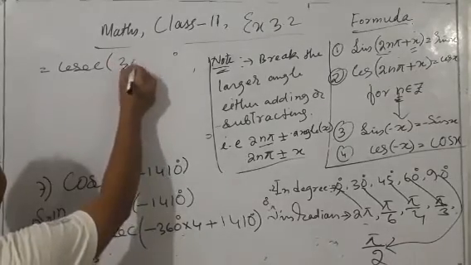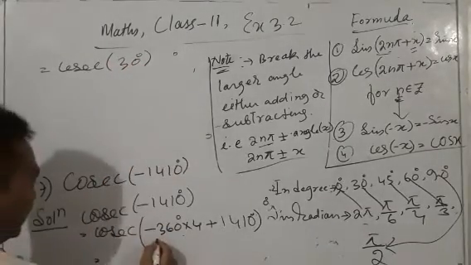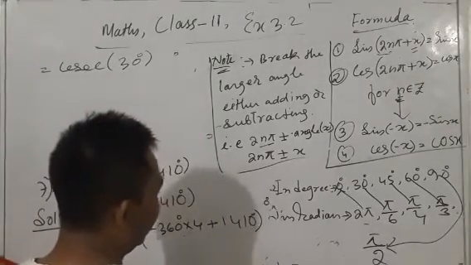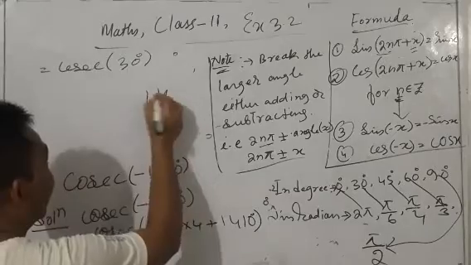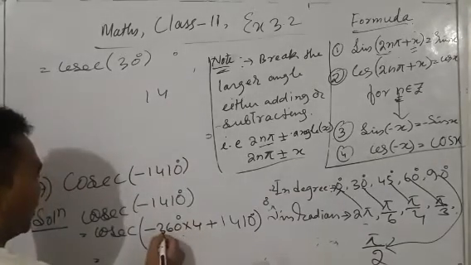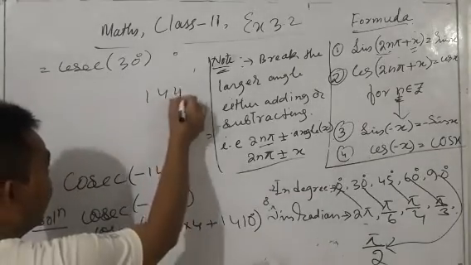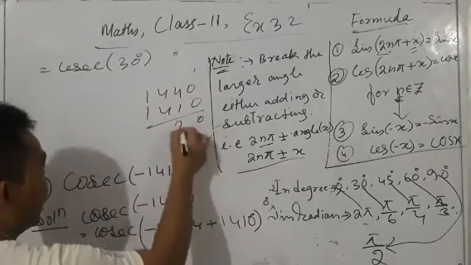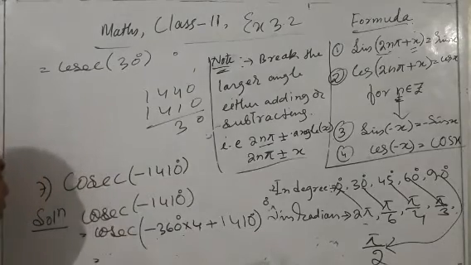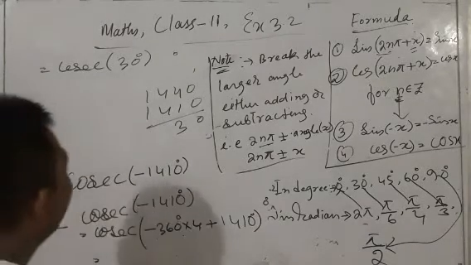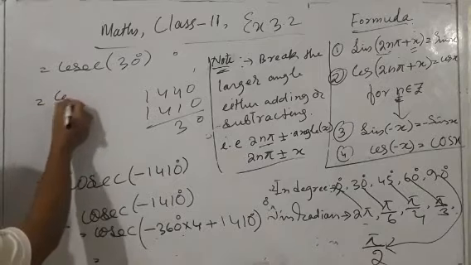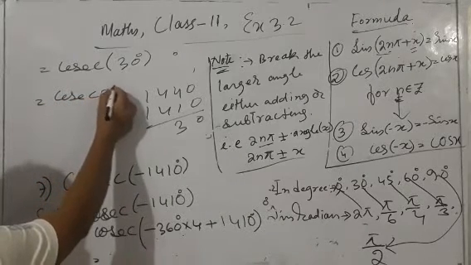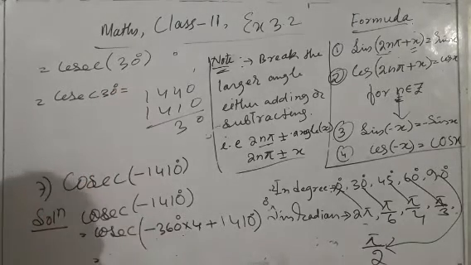That means 1440, the product of this 360 into 4 is what? 1440. That means it's 1410. That gives equal to 30, correct? Yes or no? Yes. Okay, then cosec 30 degree gives equal to what?